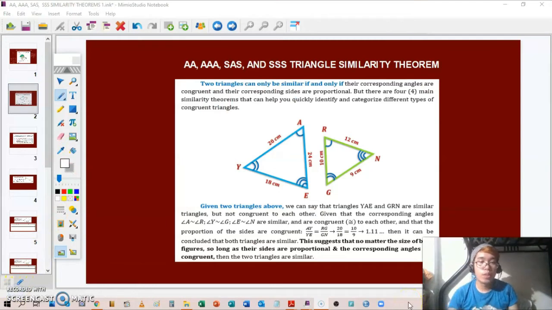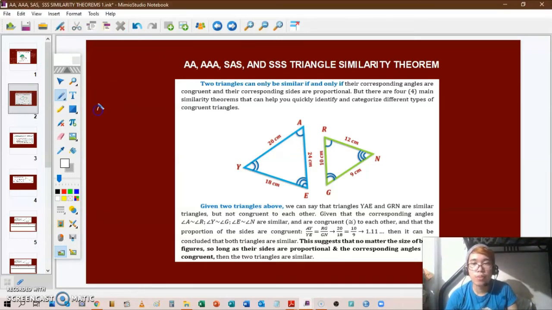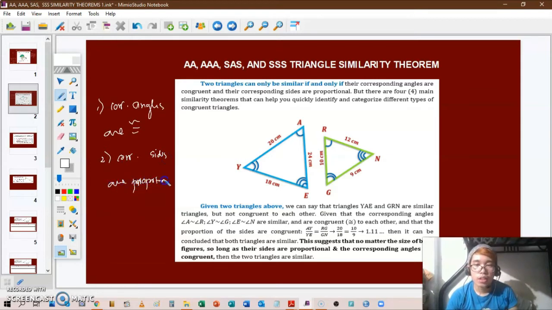As we have discussed from similar polygons, polygons are similar if and only if, number 1, their corresponding angles are congruent, and number 2, their corresponding sides are proportional. So what does that mean? This applies for all types of polygons, and since a triangle is a polygon, it also applies for triangles.